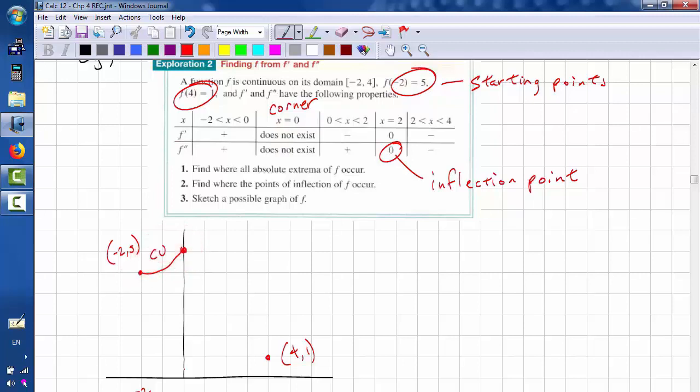Concave up and increasing. So from 0 to 2, we have decreasing and concave up. And at 2, we have an inflection point, so we can just put that inflection point anywhere. I'll just go here.